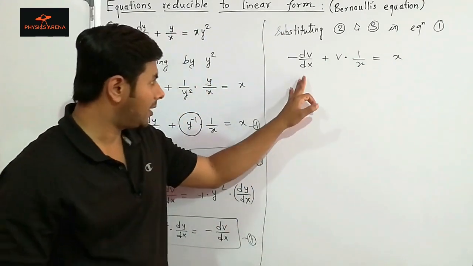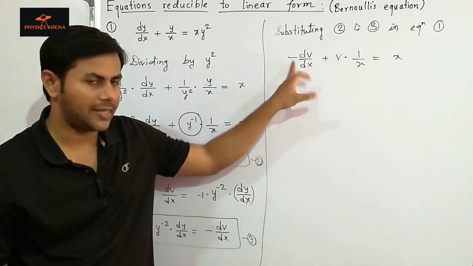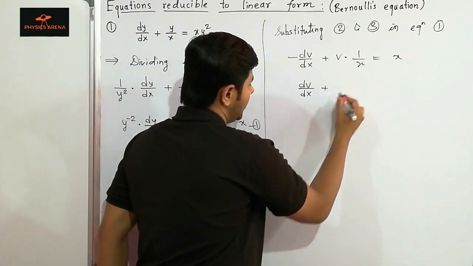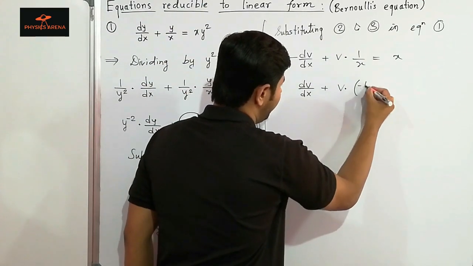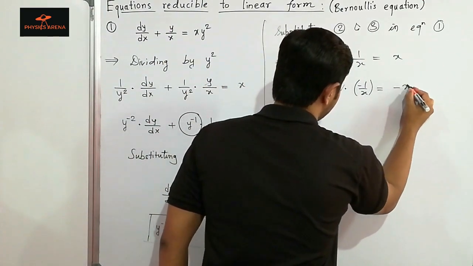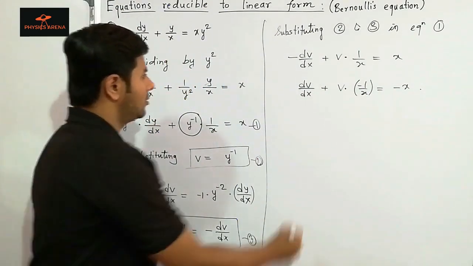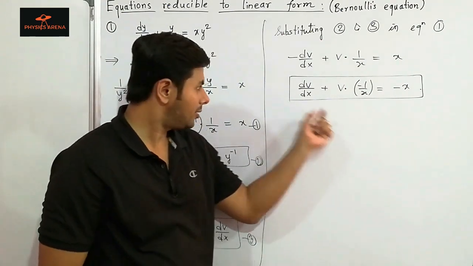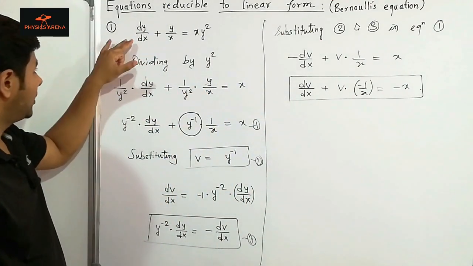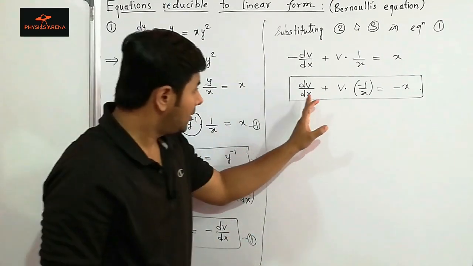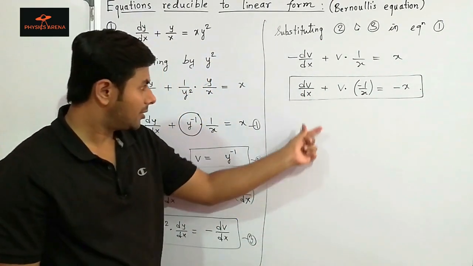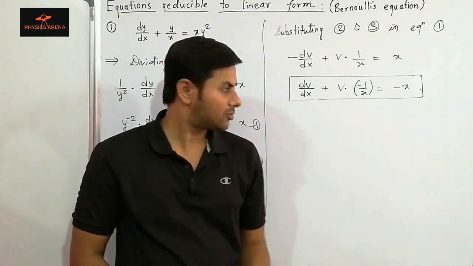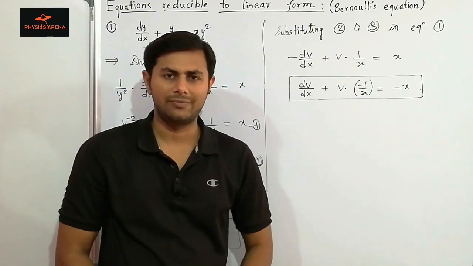Then if we multiply the whole equation with a minus sign, we get dv by dx plus v multiplied by minus 1 over x equals minus x. So now we are able to reduce this equation to linear form. So this is the Leibniz linear equation we have, and we can solve this by using the usual method. So let's do that.